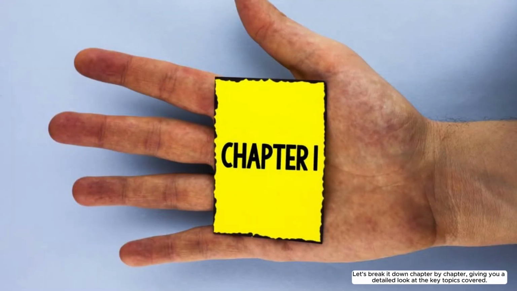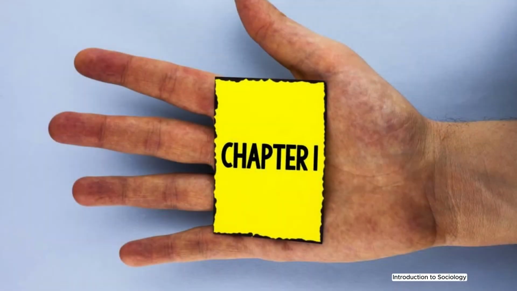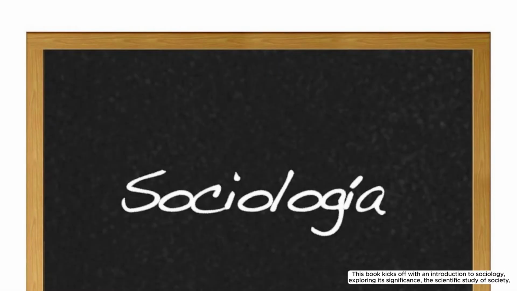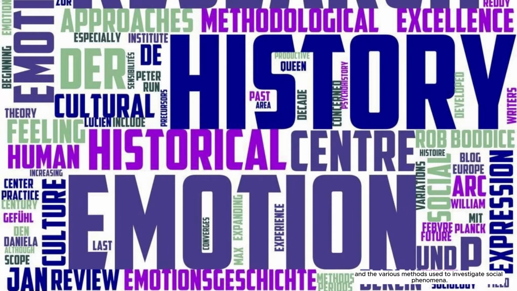Let's break it down chapter by chapter, giving you a detailed look at the key topics covered. Introduction to Sociology. This book kicks off with an introduction to sociology, exploring its significance, the scientific study of society, and the various methods used to investigate social phenomena.